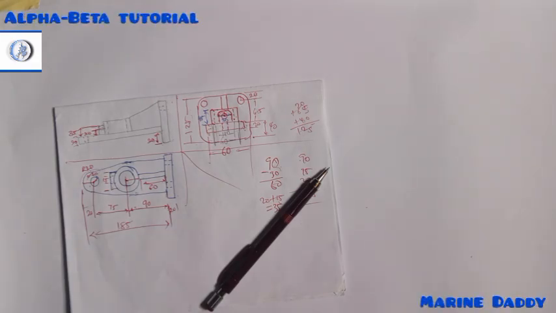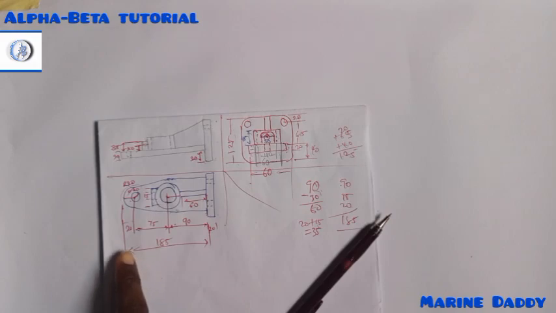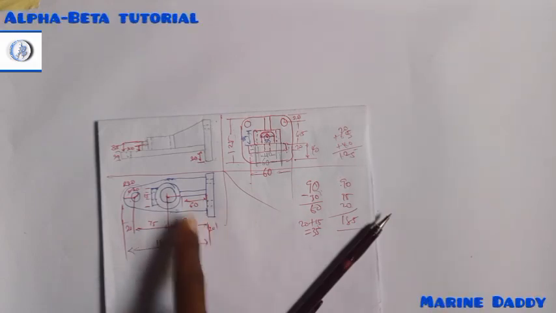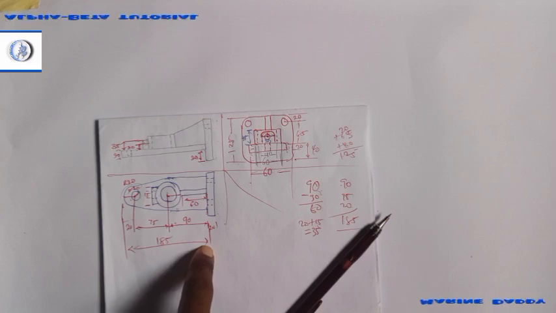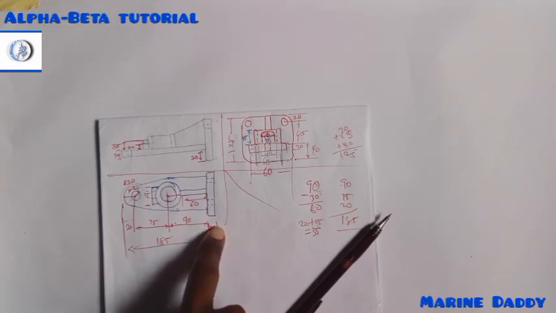So let's calculate. The longest side of my diagram is this part, and from here to this part is 185. 185 plus 20, that's 205.